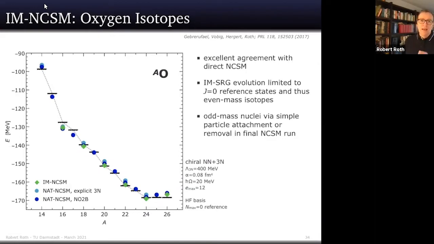Yeah. And this is extremely good in comparison to agreement among different ab initio methods that we had in the past. So a lot has happened in terms of development and refinement of many-body methods to reach this kind of intrinsic accuracy.